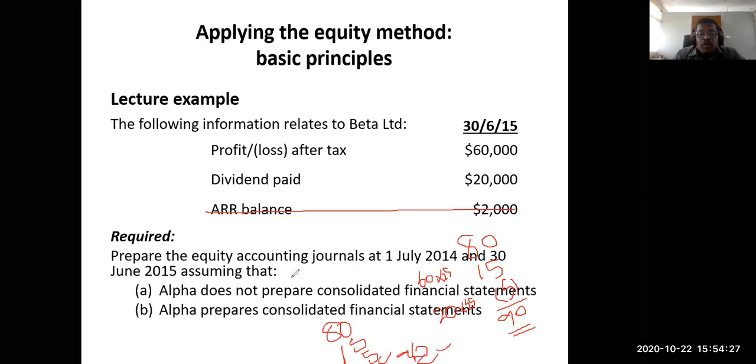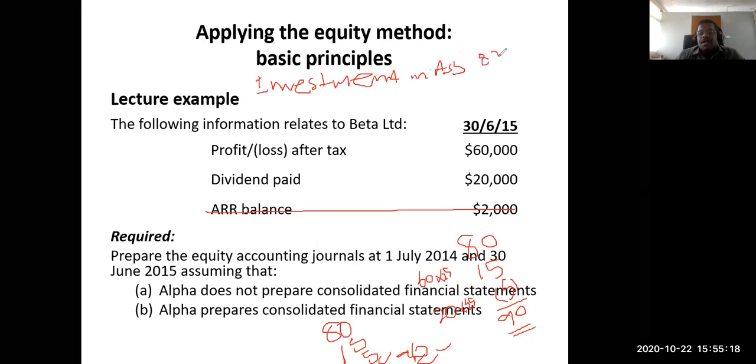But the only thing is, when you look at the journal entries, there's a small difference. Here, Alpha does not prepare consolidated financial statements. The initial journal entry, of course, is investment in associate debit 80.